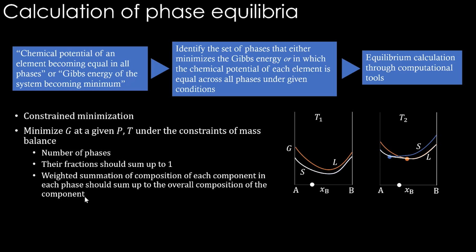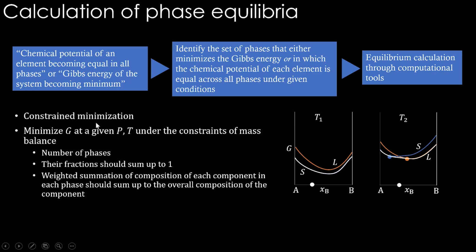So there is some phase fraction for two phases, and the composition of each phase is also there. These individual phase compositions weighted by the phase fraction should not violate the overall composition, right? Whatever is the overall composition in your hand, that is the restricting factor now, right? So that is how constraint minimization works.